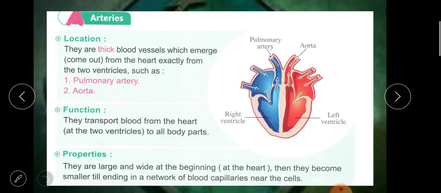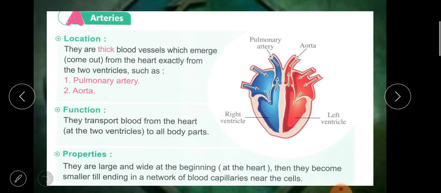So again, we said that we have three types of blood vessels: arteries, veins, and blood capillaries. The arteries come out from the heart, from the two ventricles. They are like the aorta and the pulmonary artery.